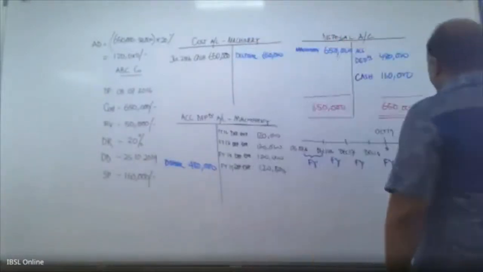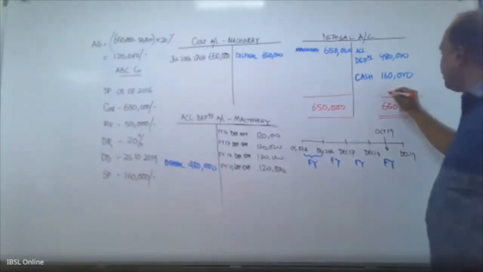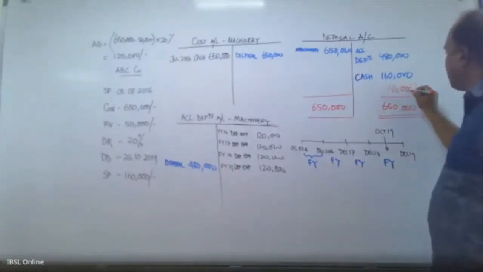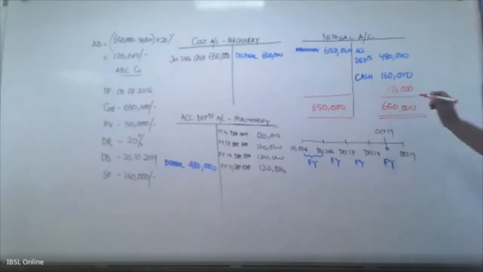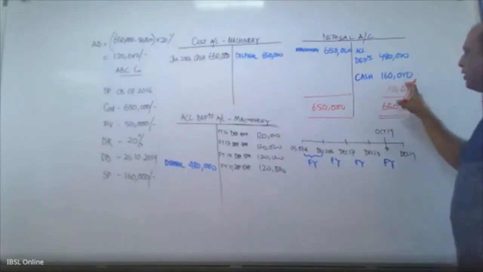So we get a difference of 10,000 between both. So what is that 10,000? The 10,000 comes onto this side.